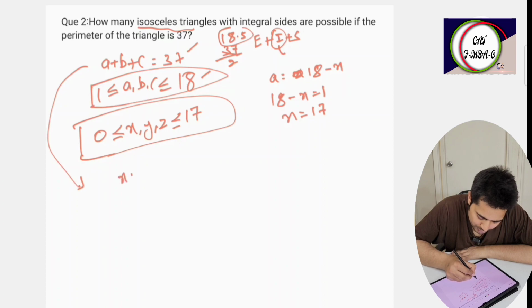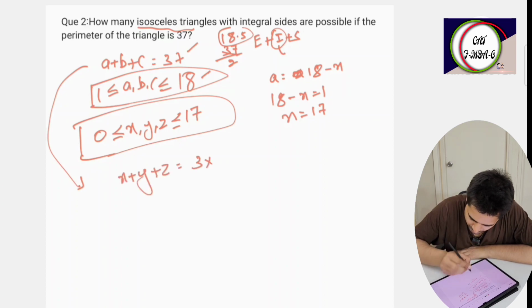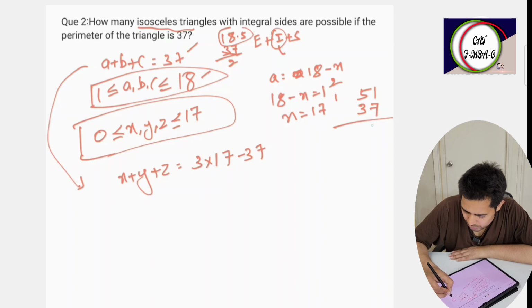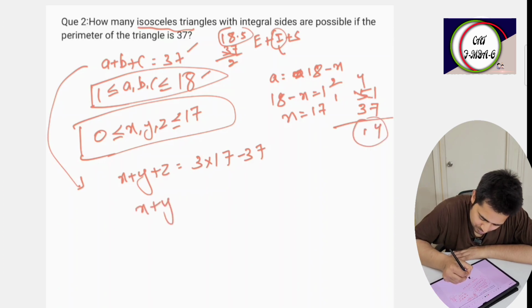So directly we can do x plus y plus z is equal to 3 into 17 minus 37, 51 minus 37, which is 14. So x plus y plus z is equal to 14.